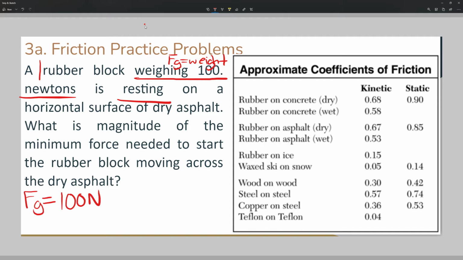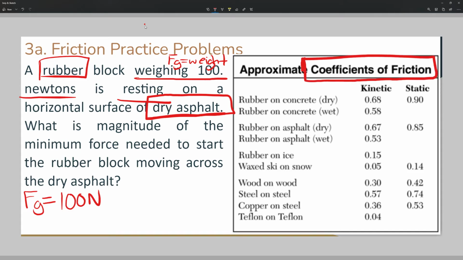And then you have a rubber block on a horizontal surface of dry asphalt. So you have a rubber block on dry asphalt. And if you take a look here to your right, this is on your reference table. This is your coefficients of friction. Your coefficients of friction describe to what degree friction is felt between two surfaces, right? So clearly, if you're rubber on dry asphalt, you have more friction than if you were driving on wet asphalt.